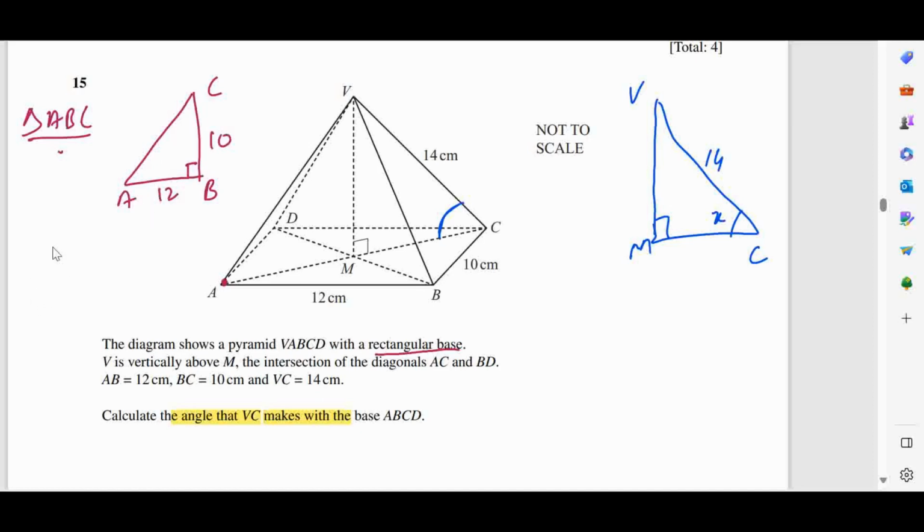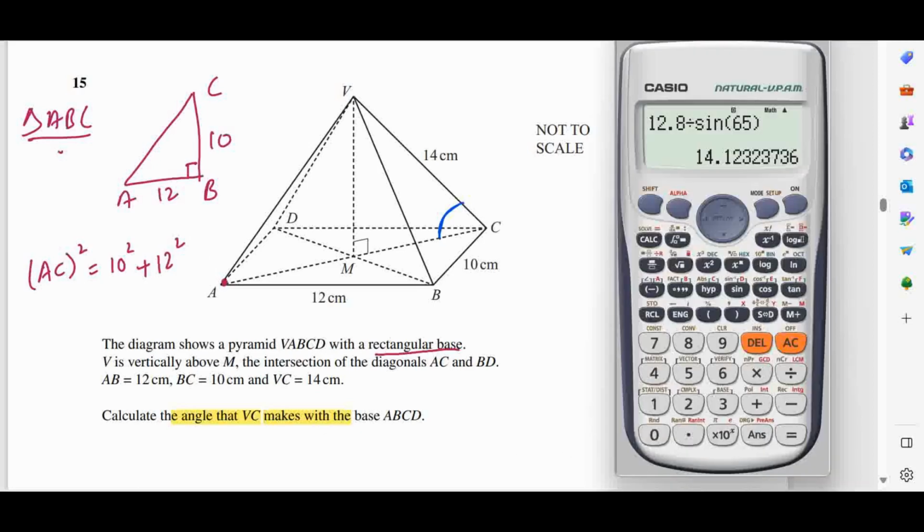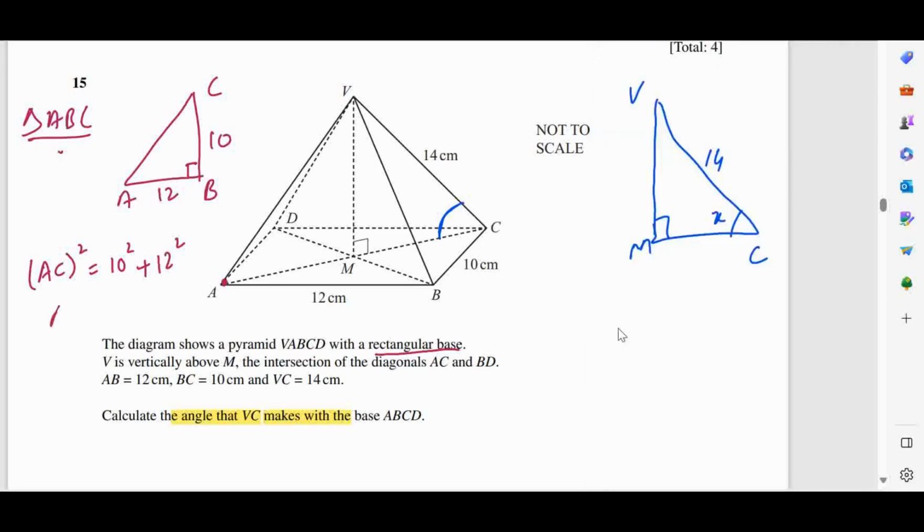So AC square is equal to 10 square plus 12 square. On the calculator we can simplify it. This will be 244. Then we have to take the square root of the answer. So AC will be equal to 15.62.